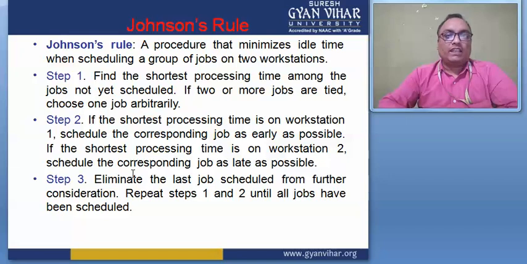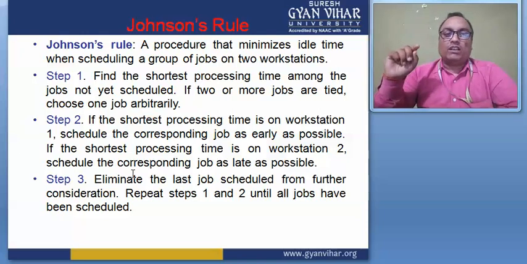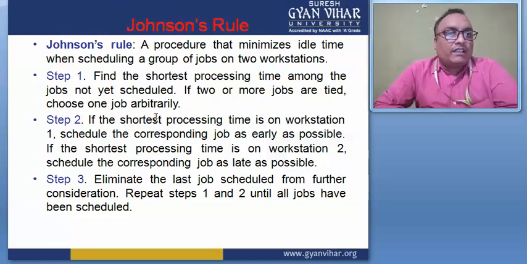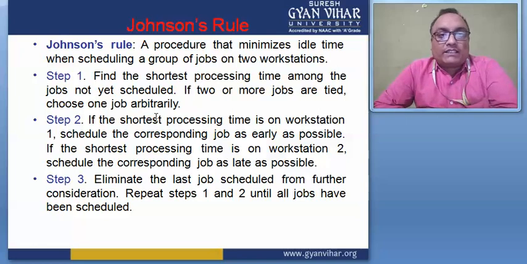When the scheduling process goes to two or more machines or two or more workstations, what is step 1? Step 1, find the shortest processing time among the jobs not yet scheduled.